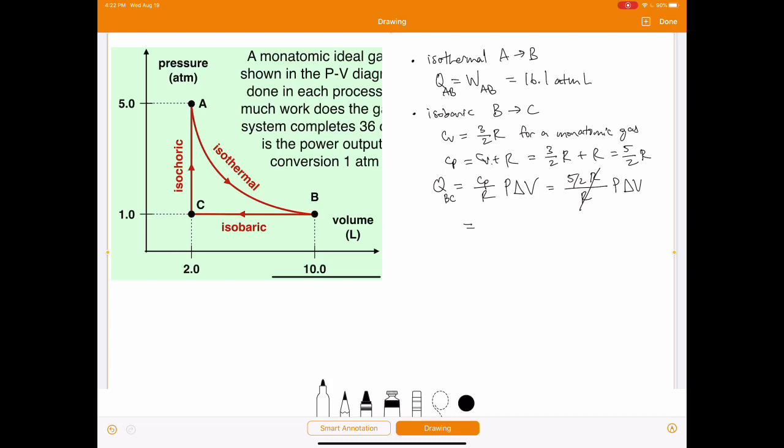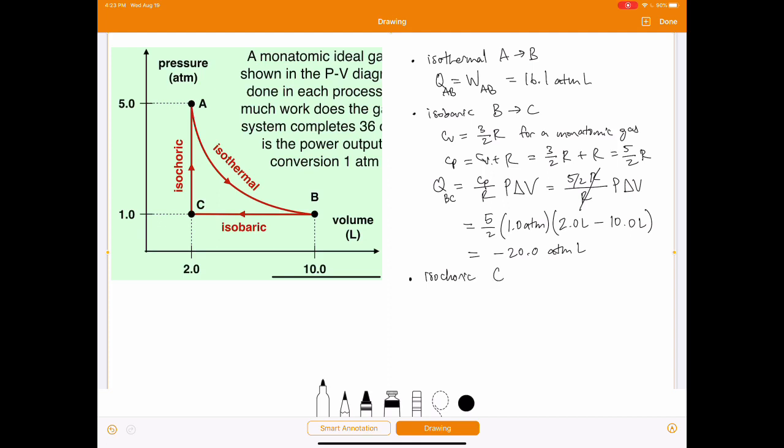What we're getting is 5/2 times the pressure, which is 1 atmosphere the whole time, and then delta V is the volume change, so we end up at 2 liters, having started at 10 liters. So if you work this out, you get minus 20 atmosphere liters. So that means the gas is giving off 20 atmosphere liters of heat as it goes from point B to point C on the diagram. Okay, next, isochoric.